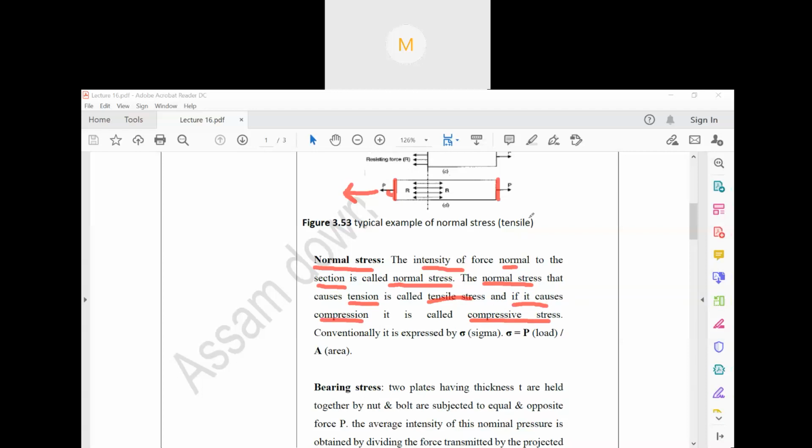Now, as for example here, in the above figure, number D 3.53, what will happen here? Here it is in an outward direction. That means you are giving it a pull, not a push.